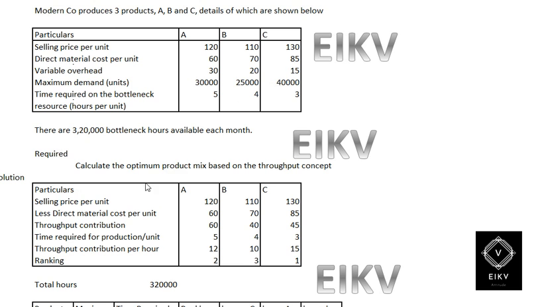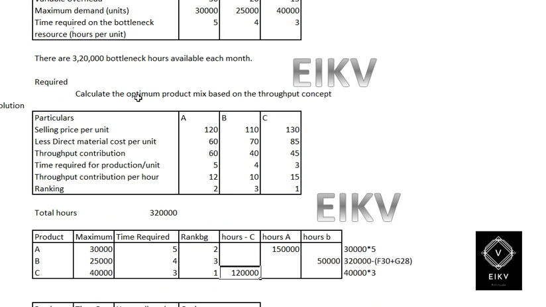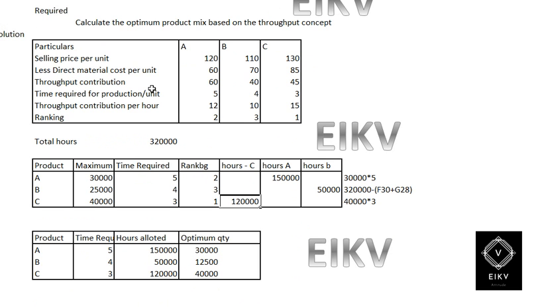So 5 hours are required to produce 1 unit of product A, 4 hours to produce 1 unit of product B, and 3 hours to produce 1 unit of product C. The requirement is to identify the optimum product mix based on the throughput concept.